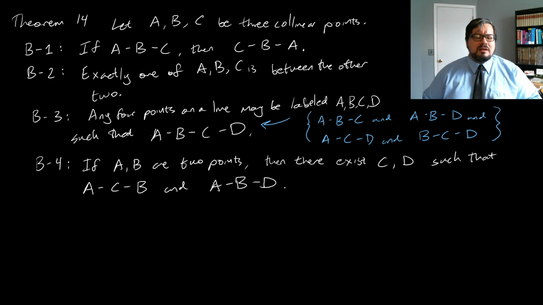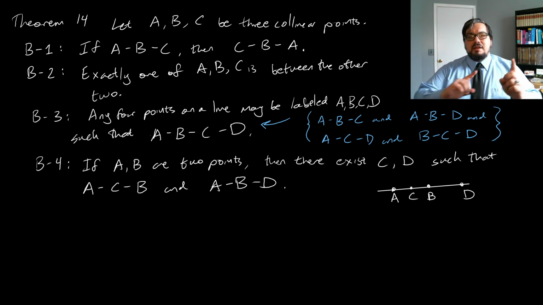We're going to use it quite a lot, and we're not going to make a lot of fanfare about it, but it really is vital to what we're going to be doing in geometry. This is saying that given any 2 points, there's some other point between them. And it also says that given any 2 points on a line, well, any 2 points do lie on a line, I can always find something between them, but I can also always find something on the other side of B from A.